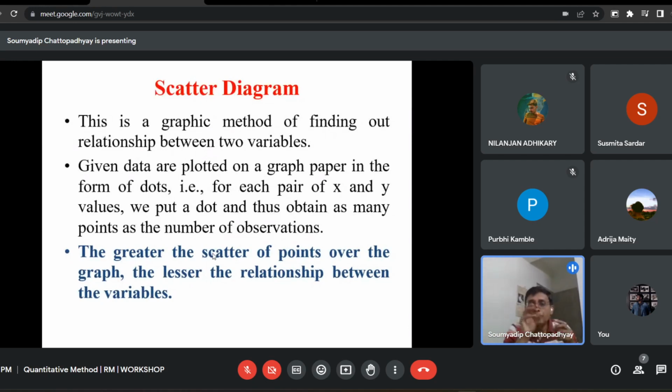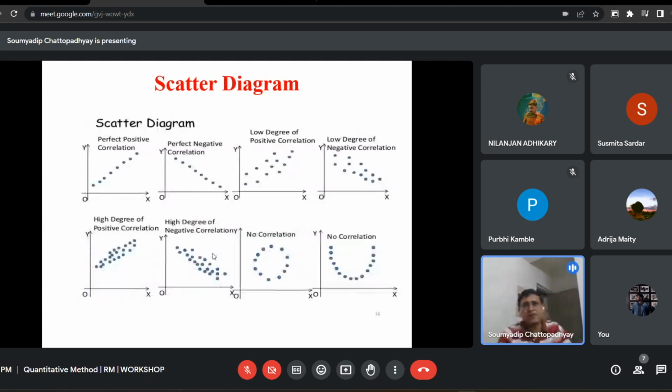If you plot that pair of x and y values in a graph, then the figure that you get is known as the scatter diagram. Generally it is said that the greater the scatter of points over the graph, the lesser is the relationship between the variables. These are the different possibilities we generally consider in the case of a scatter diagram.